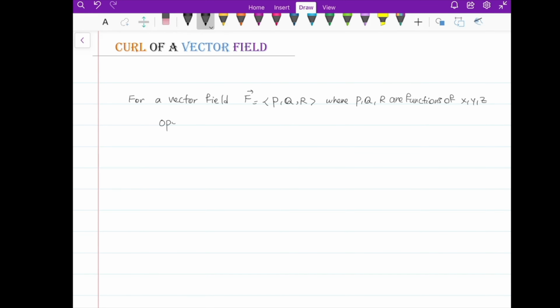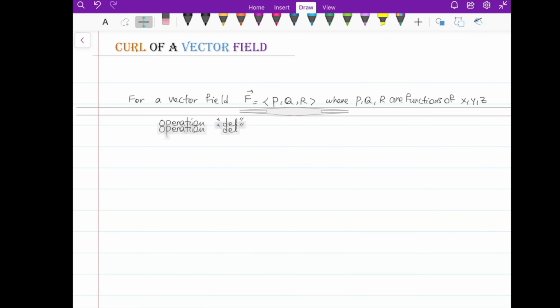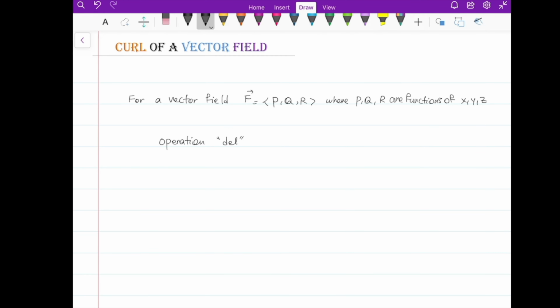So I'm going to introduce the operation which we call del. Operation del has this notation, and it's a vector, at least notation-wise, whose first coordinate is the partial derivative with respect to x, the second coordinate is the partial derivative with respect to y, and the third coordinate is the partial derivative with respect to z. Okay, now it looks familiar.